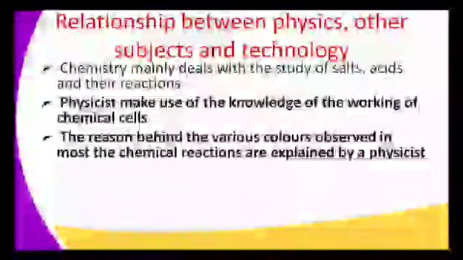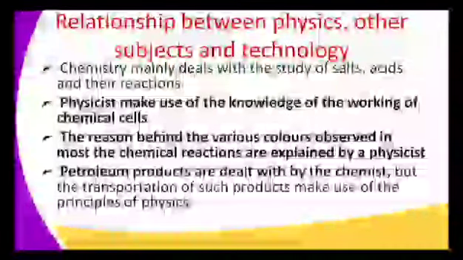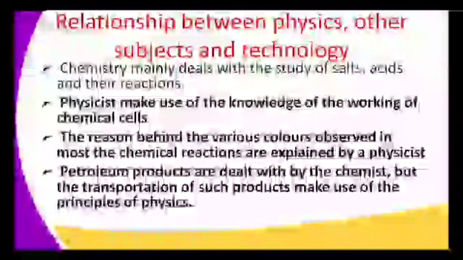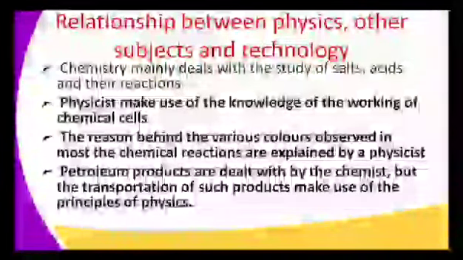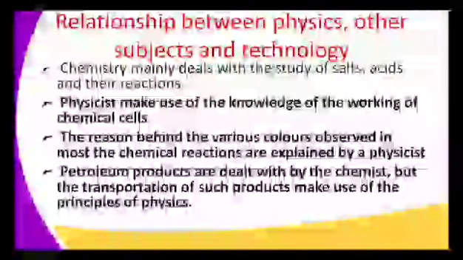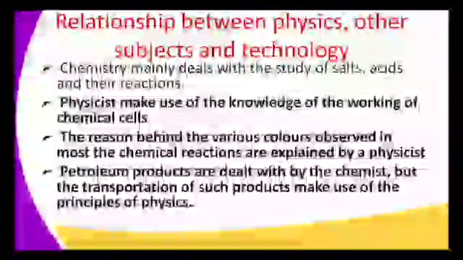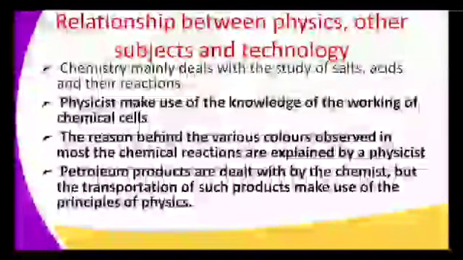The other thing about this is that petroleum products are dealt with by a chemist, but the transportation of such products makes use of the principles of physics. So how are petroleum products dealt with in chemistry? Most petroleum products consist of hydrogen and carbon as the key elements. So how they are made, how they are manufactured, and how they are stored.